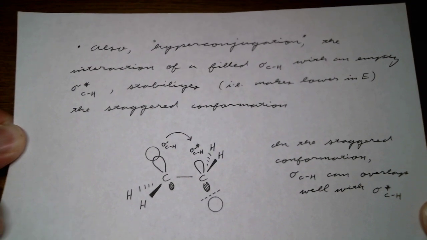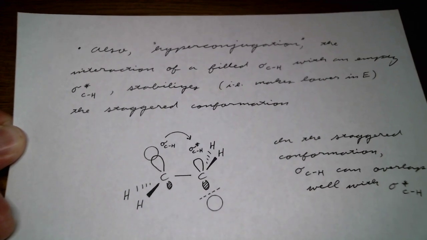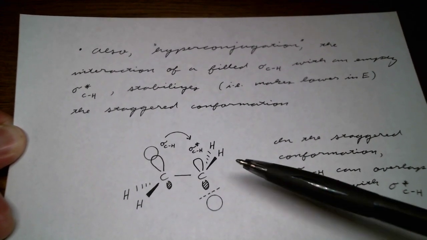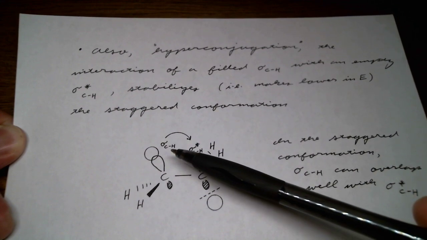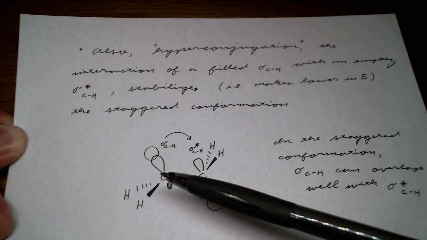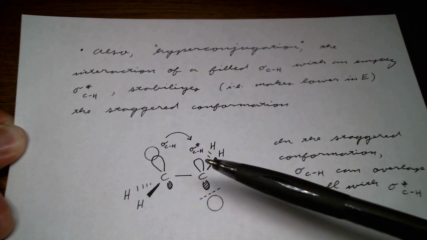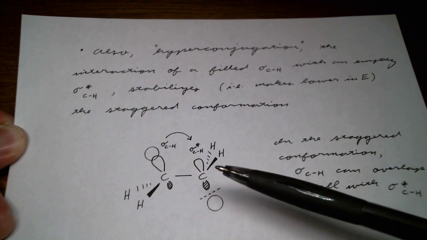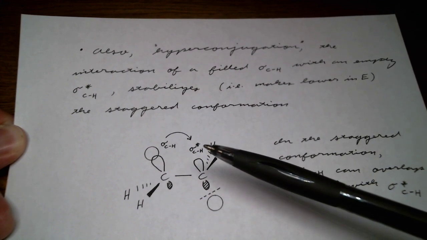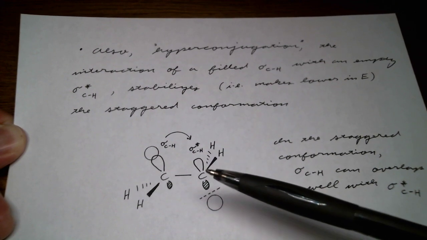So you can see how in the staggered conformation we have bonding electrons from the sigma carbon-hydrogen molecular orbital with the same phases on the same side as these lobes of the sigma star antibonding carbon-hydrogen molecular orbital, which is empty.